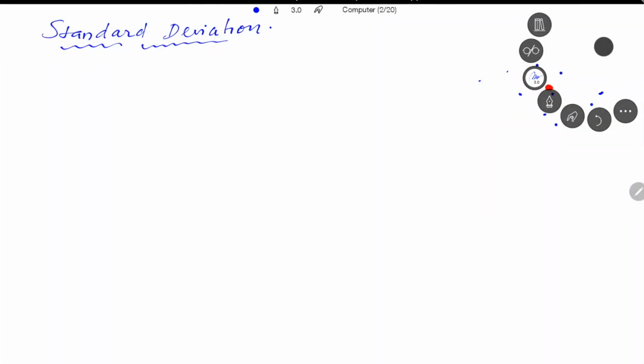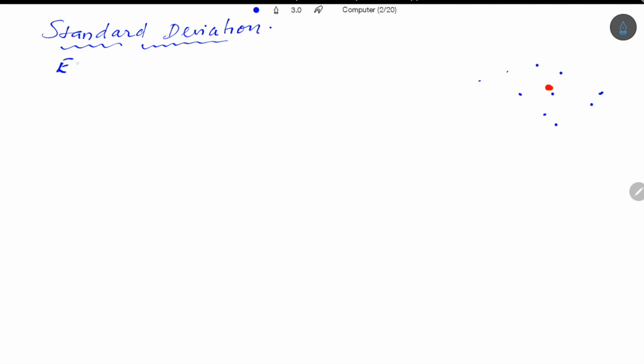Now let us see an example of how standard deviation is used and where to use it. For example, if I have some exam score data, say person 1 is 85, person 2 is 90, person 3 is 75, then 88, and 82.